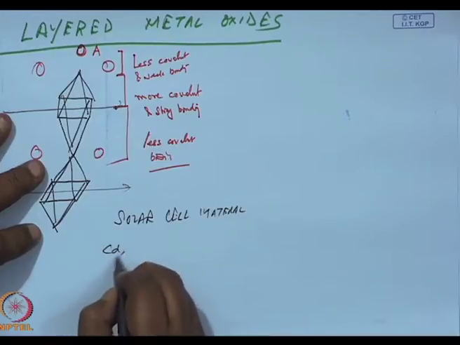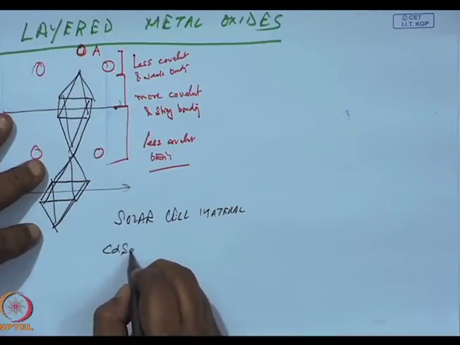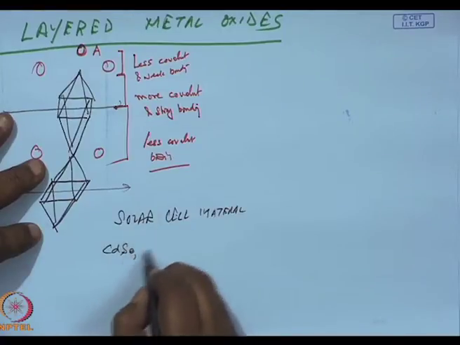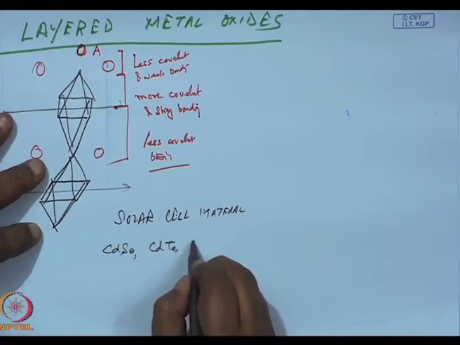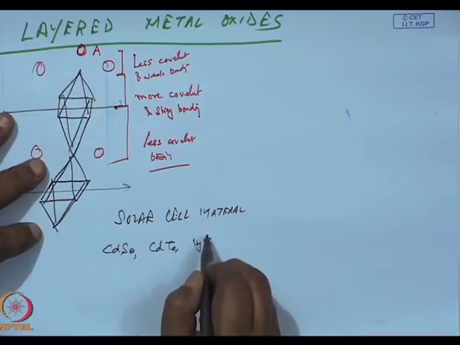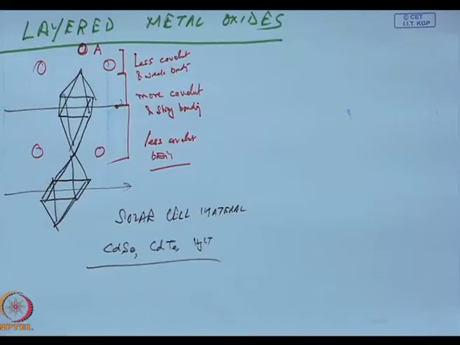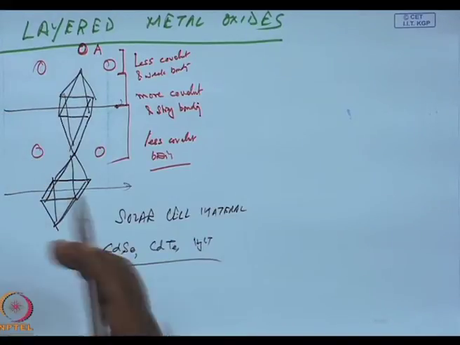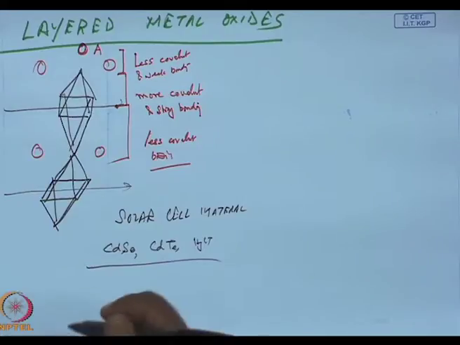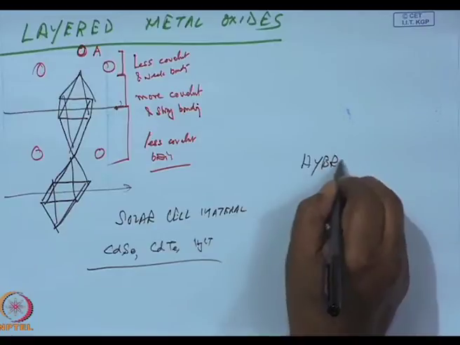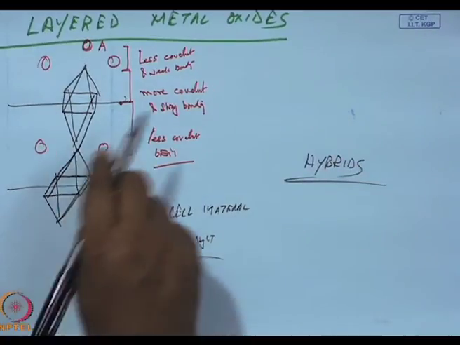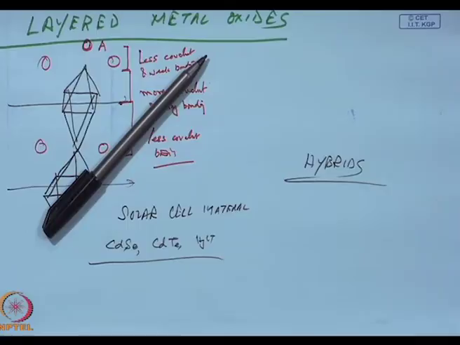Like say cadmium sulfide, all of these materials can be synthesized, put in using these layered hydroxides, giving the hybrids of the perovskite and these particular phases.